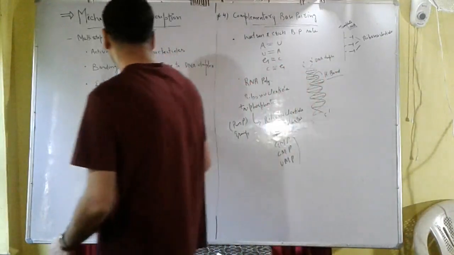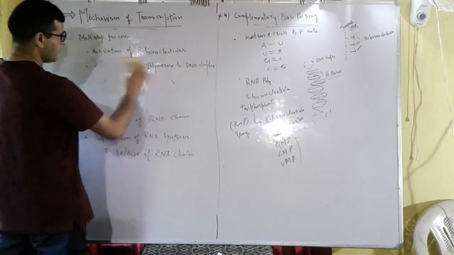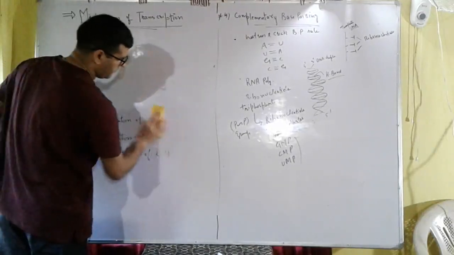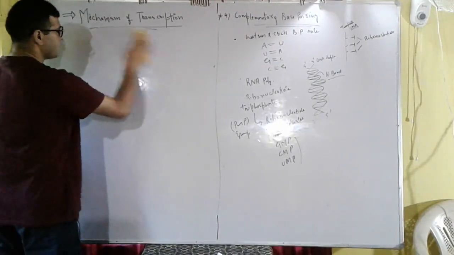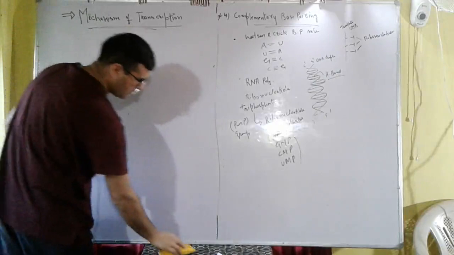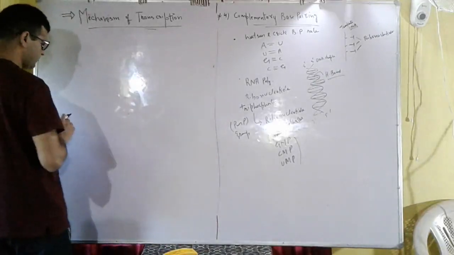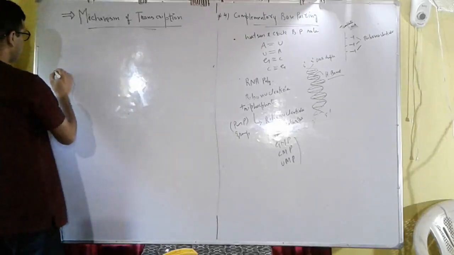It can be explained like this. For example, we have got a double-stranded DNA.